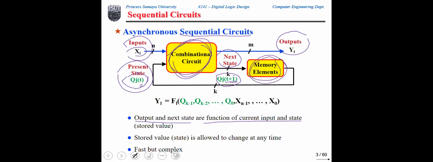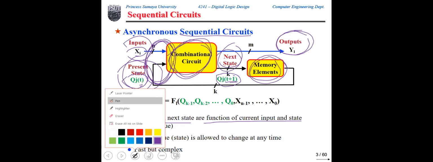And you will see that we will treat the value stored in this memory as additional input to our combinational logic circuit. So the whole idea of designing sequential logic circuits becomes a combinational logic circuit that has the external inputs and the present state as inputs, and the outputs and the next states as the outputs of the combinational logic circuit.